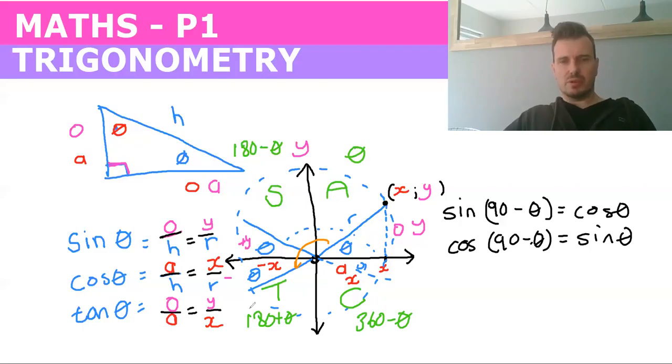We'll go into how we use this later. But just remember that you've got your CAST diagram, your trig ratios, and your theta, 180 minus theta, 180 plus theta and 360 minus theta.